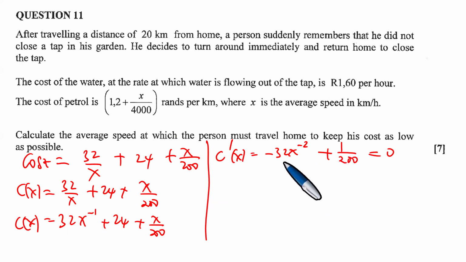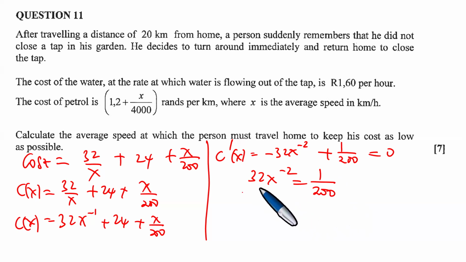So we have the following. Now, you can move things around, moving these to the other side, getting 32x to the minus 2 equals 1 over 200.